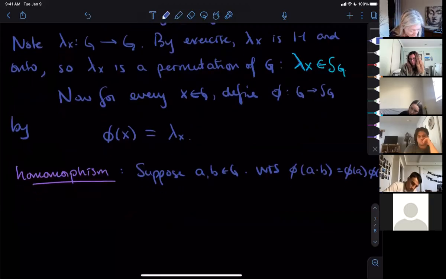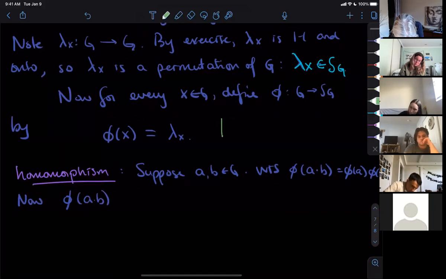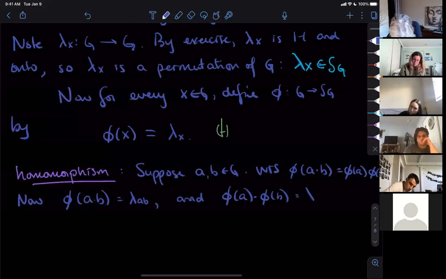So let's figure out what they both are. Phi of A times B, well, here's our definition of phi right here. Phi of AB is just lambda sub AB. And phi of A times phi of B is lambda sub A composed with lambda sub B. Yeah, these times are composed.